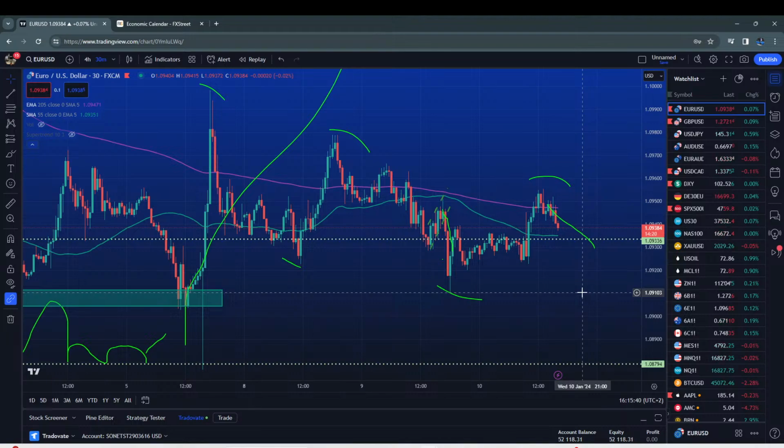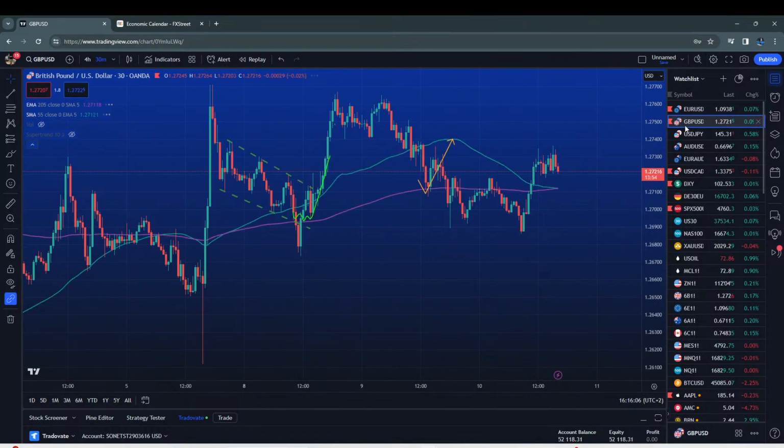Of course, we must see a break of 10910 for this trend to establish. I believe that markets are just consolidating ahead of the big US CPI news tomorrow. So I don't believe we're going to have big volatility and directional moves until the numbers come out.